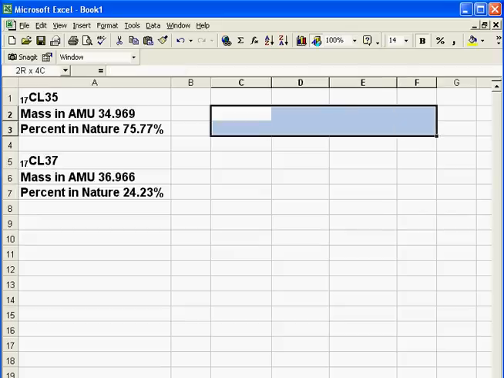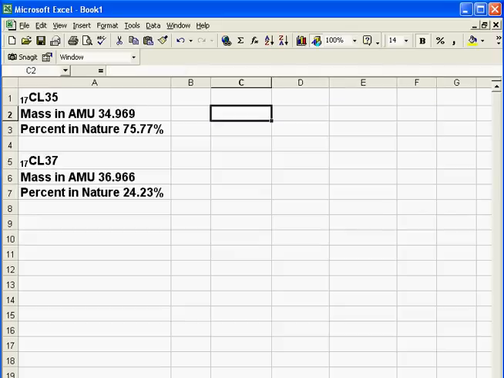Now, the first thing I'm going to suggest: make sure you put these things in rows, one on top of the other. I'm going to start off with the weight of chlorine, 34.969, and then multiply that by the percentage that exists in nature.